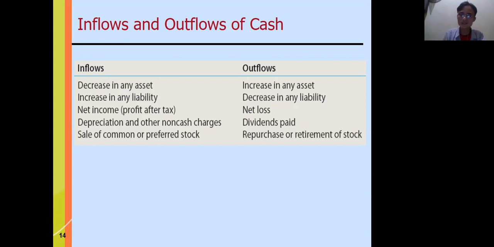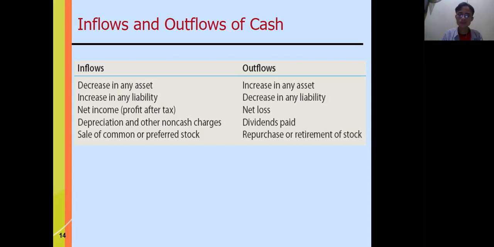We can prepare either the direct method or the indirect method. The direct method is simply looking into our changes in the T account and subdividing them into three components. And then for operating activities, all items in relation to operations, current assets and current liabilities.